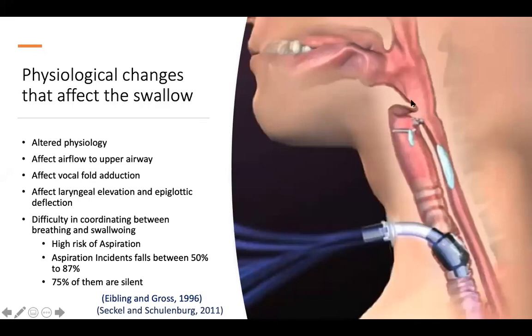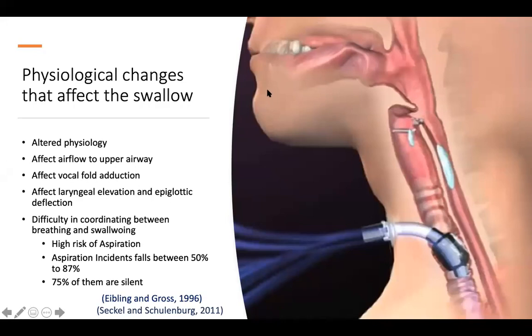Because of reduced sensation, or desensitization, in the airway, the risk of silent aspiration is very high, because the patient won't be able to sense the bolus entering their airway during the swallow. So when a trach is in, we compromise the 3 levels of protection of the airway during the swallow. We compromise sensation as well.